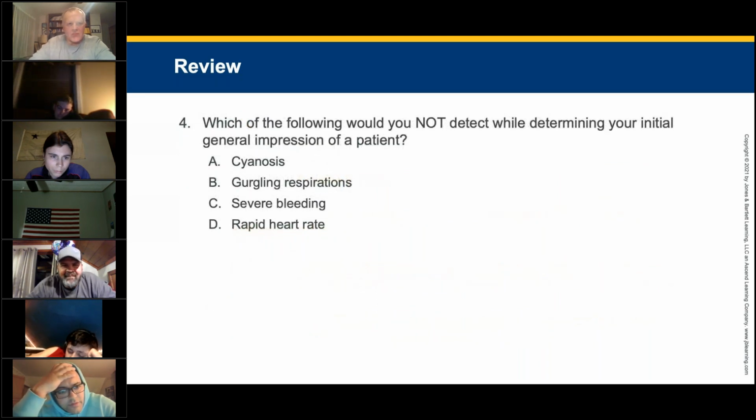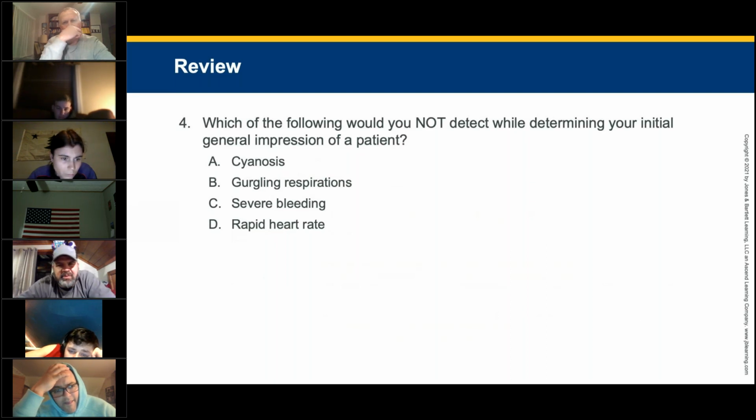Which of the following would you not detect while determining your initial general impression of a patient? Very good. D.